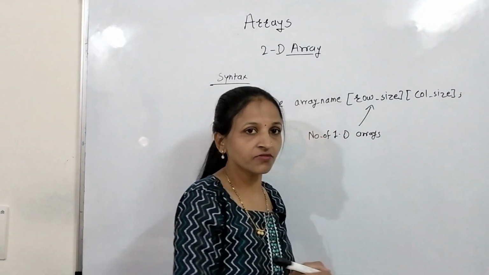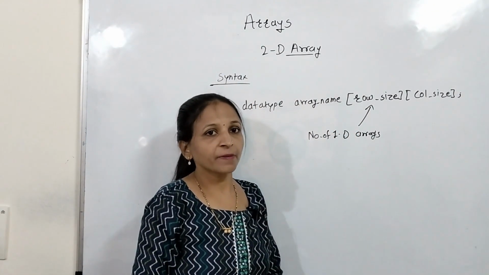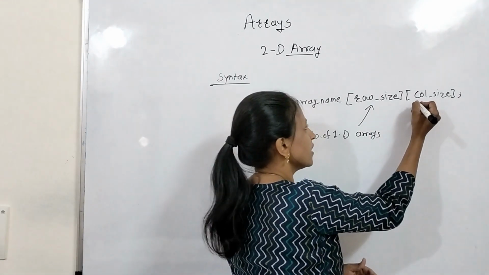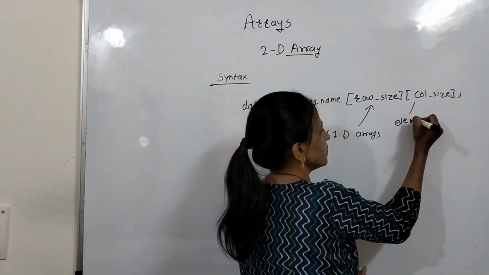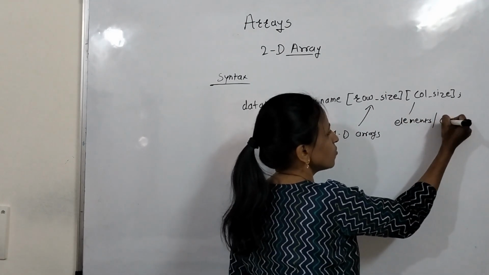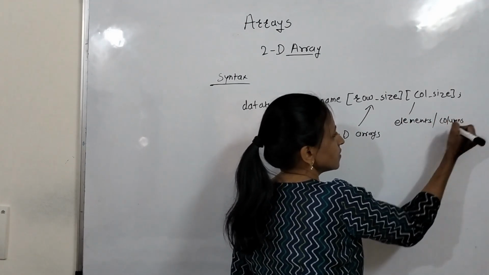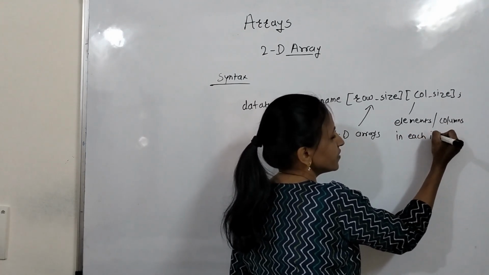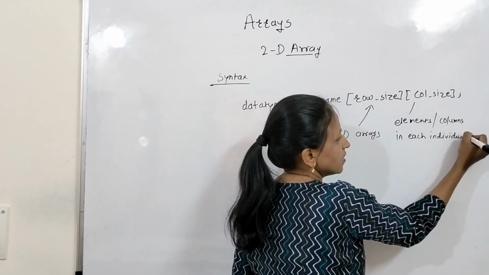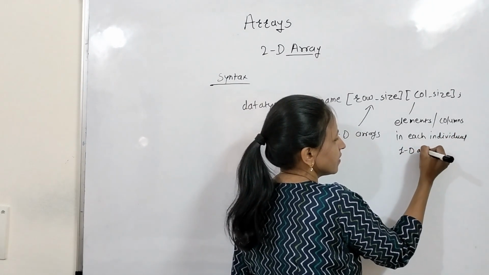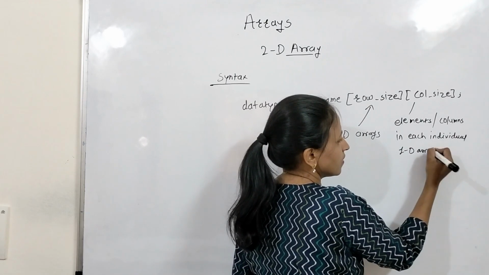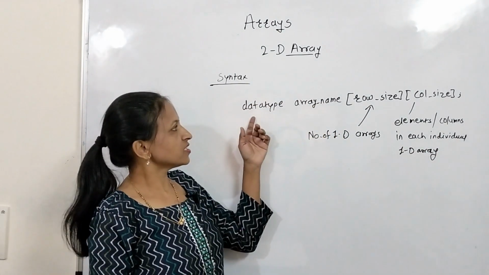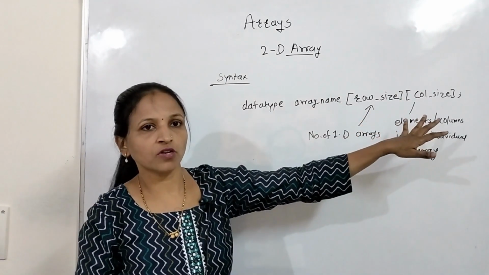This column size will indicate how many elements are there in each individual array, or you can say columns in each individual 1D array. This is nothing but a two-dimensional array. The syntax is like this: data type, array name, row size and column size.